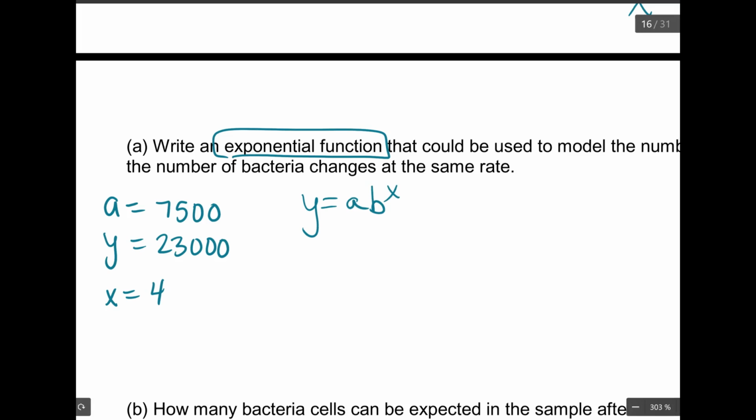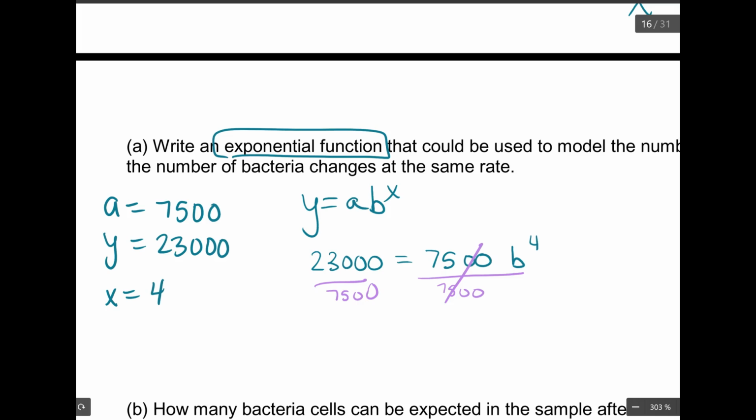Plugging in, I have 23,000 equals 7,500 times B to the 4. Now, just like last chapter, how do I solve for B? How do I get B by itself? Do I subtract? Right now 7,500 is being multiplied by B to the 4th, so I'm going to divide both sides by 7,500.